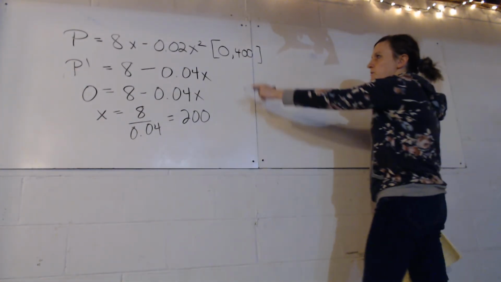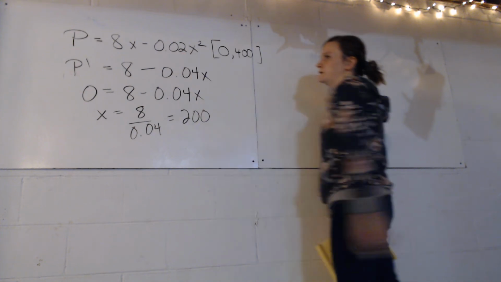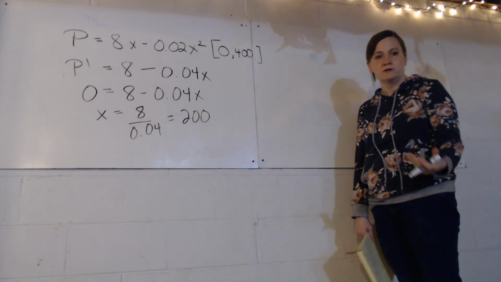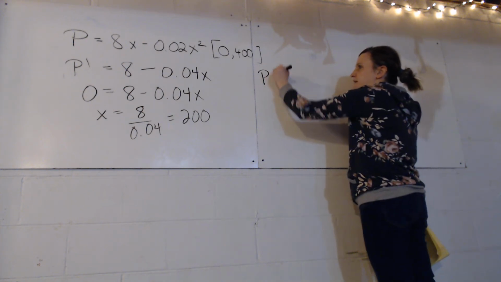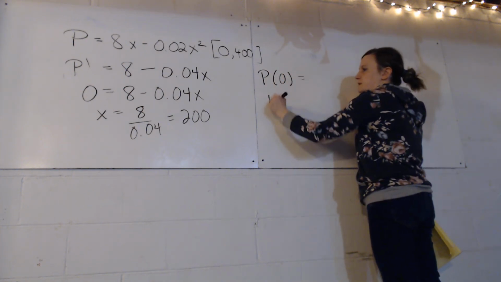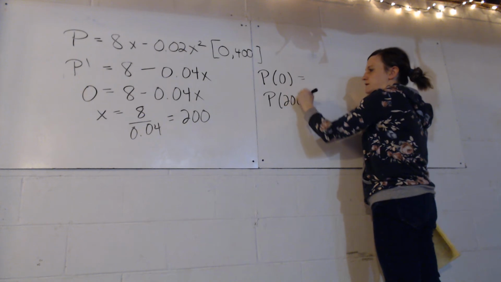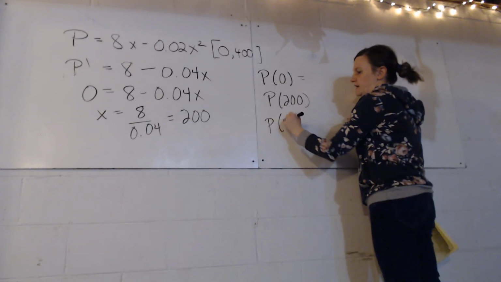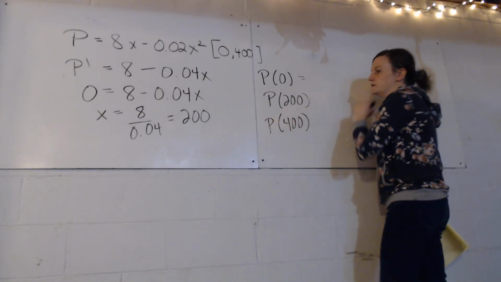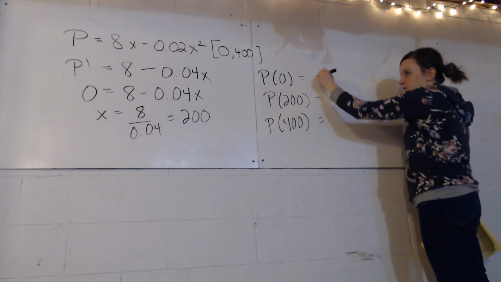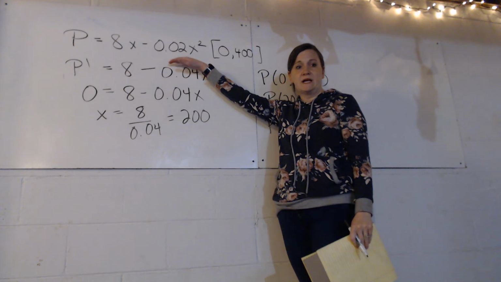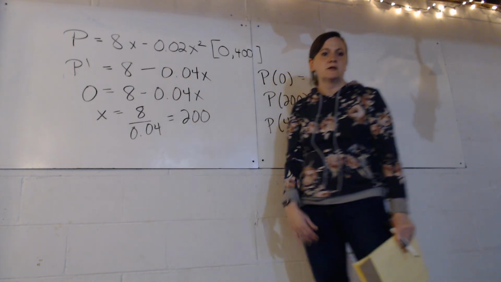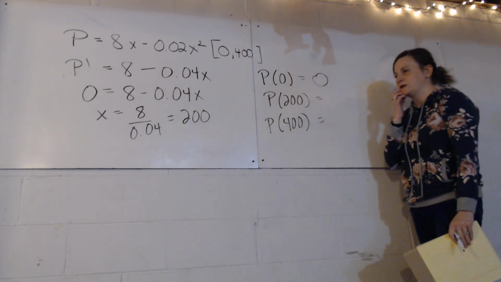And so I want to go back and evaluate the original function at the endpoints and the critical points in order to find my maximum value. So I want to find p at 0, p at 200, and p at 400. So p at 0 is 0 if we look at the function, and that makes sense. If I don't refine anything or sell anything, there's going to be no profit. So just thinking logically, that makes sense.